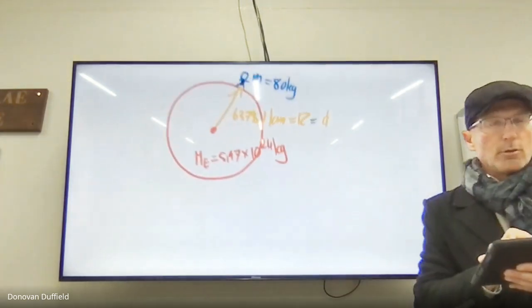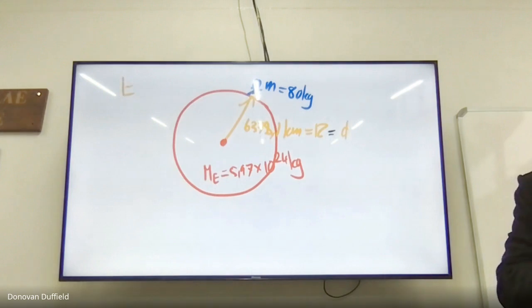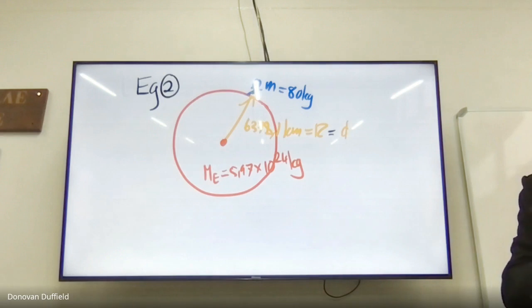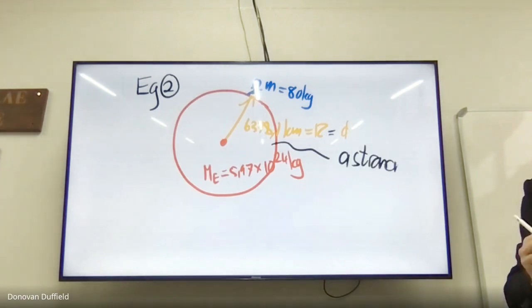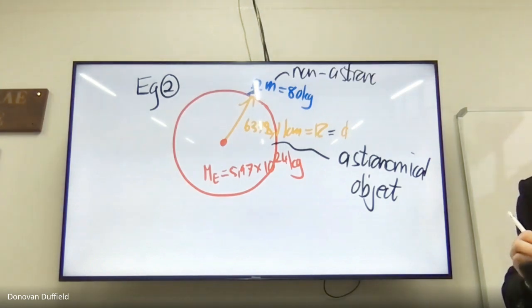So what should I do now? You're going to do it with me. This is example 2. In example 2, one of the objects is astronomical. This is non-astronomical. You only need one of them to be astronomical.